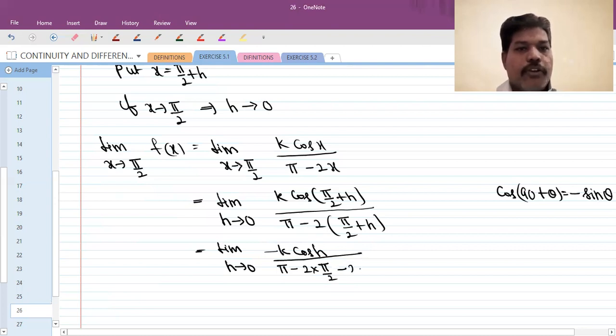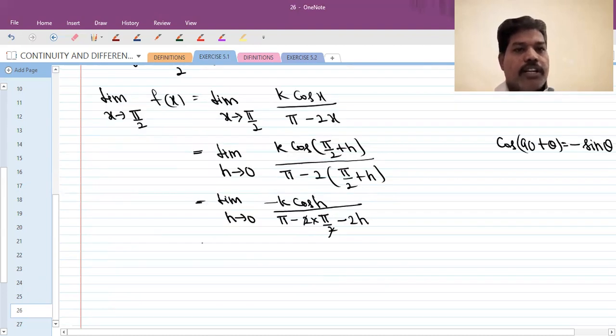So here the 2 and the 2 will be cancelled. That is equal to the limit h tends to 0 of minus k into the numerator by pi minus pi minus 2h. So minus pi and plus pi will be cancelled.